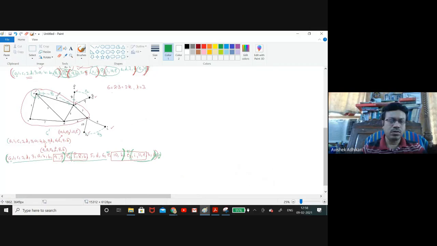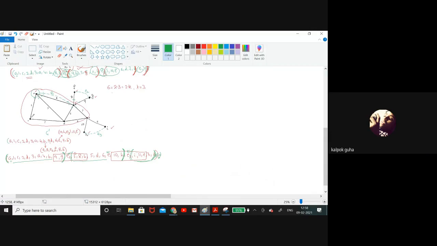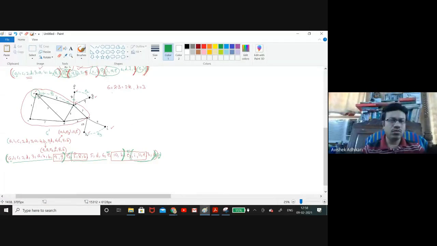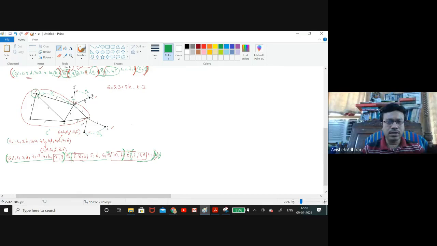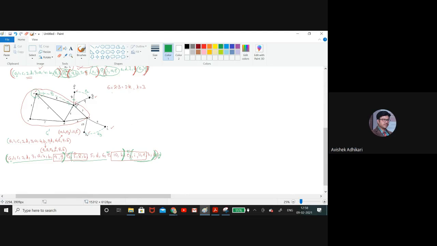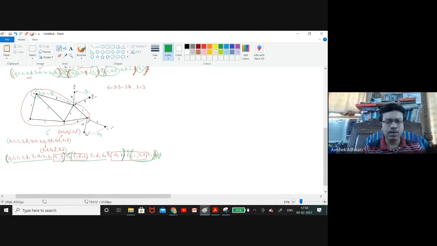So here from A to 1 to C to 2, then A, then 4, then B, B2, then use 9 and go to G. So this one is a subgraph. Then F to 8, 8 to B, and this is another subgraph, and this is another subgraph.